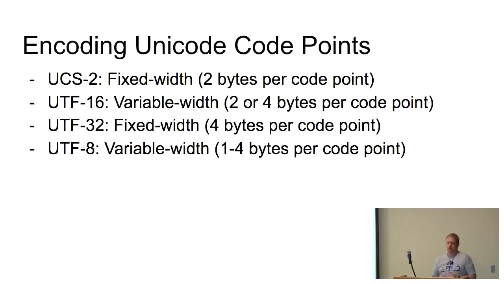UTF-32 unambiguously represents every code point as 4 bytes. But for a lot of text, using 4 bytes for characters is a big waste. So that's why UTF-8 was developed. It's a variable width encoding. All of the ASCII characters are represented as their 1-byte values, and then all of the other higher code points are represented using 2, 3, or 4 bytes.